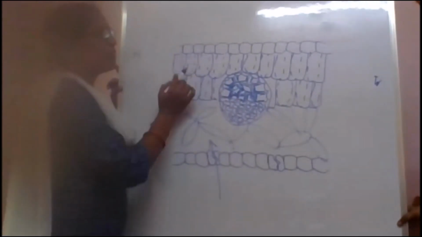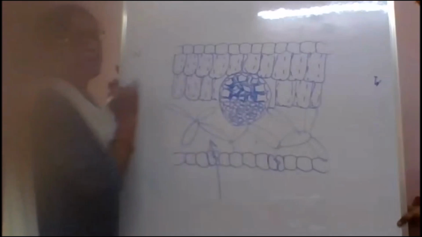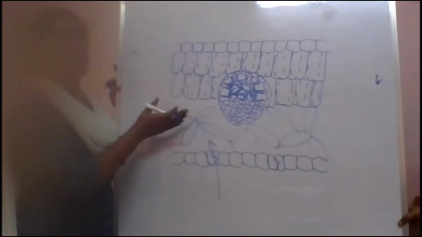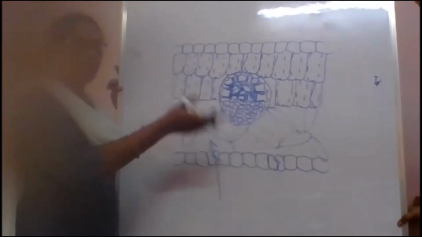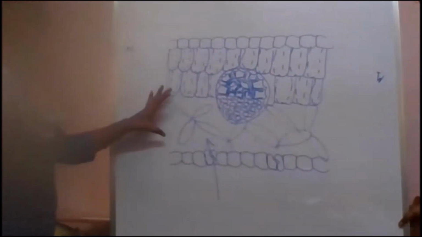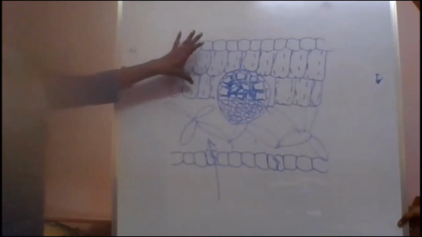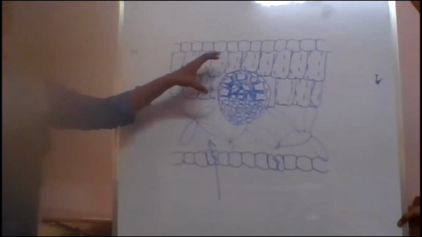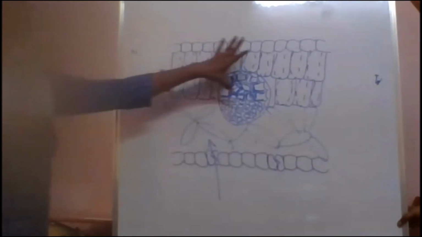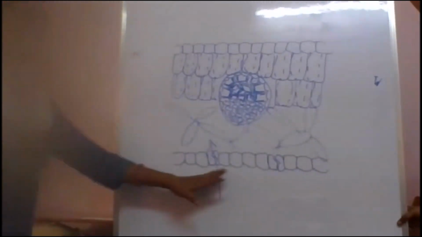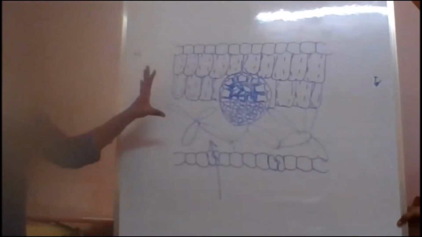So for that purpose, just below the upper epidermis you have the palisade parenchyma, and above you have spongy parenchyma for more gaseous exchange. Only the chloroplast for trapping sunlight is concentrated over here. So this is how the arrangement of tissues in the leaf makes the leaf a great food factory.